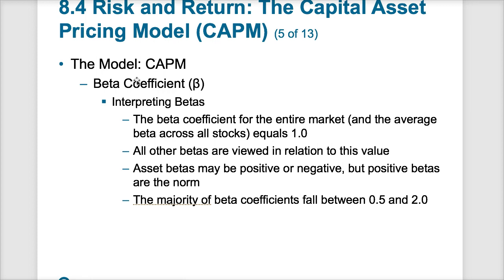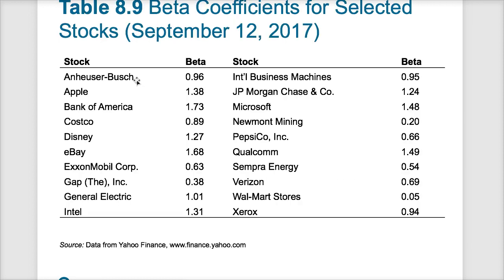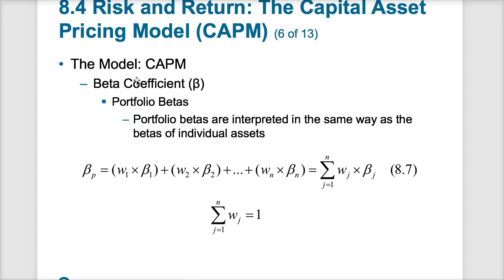And stocks can have positive or negative betas, which is pretty common, but the majority of beta coefficients for stocks in the market are going to be between 0.5 and 2. That's going to be at least 80% of the betas of stocks. Here are some examples from 2017 of some beta coefficients for different stocks. These are all, of course, quite different today. So the capital asset pricing model, we're going to use the beta coefficient in that model.